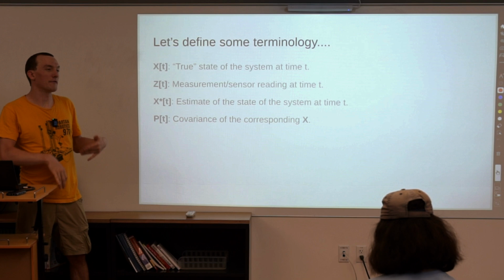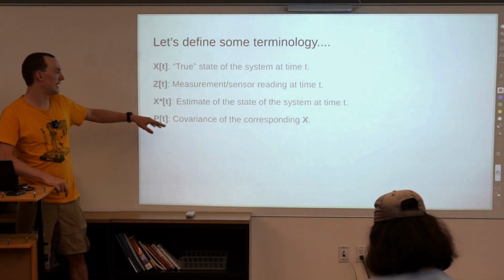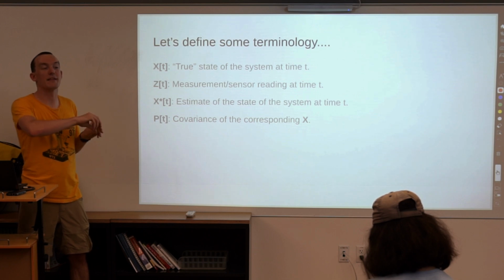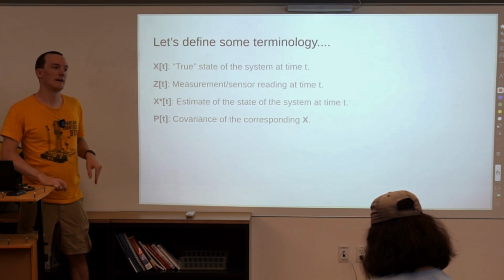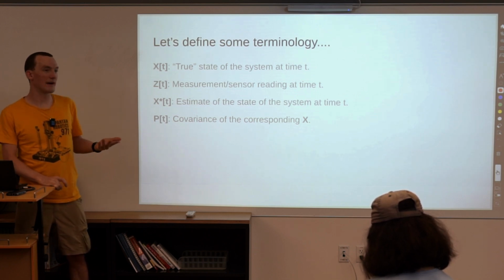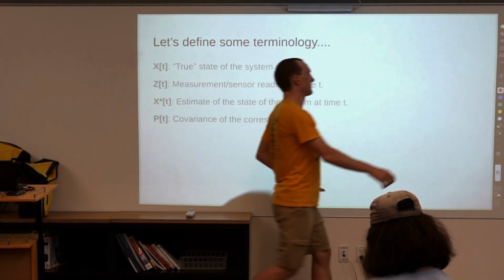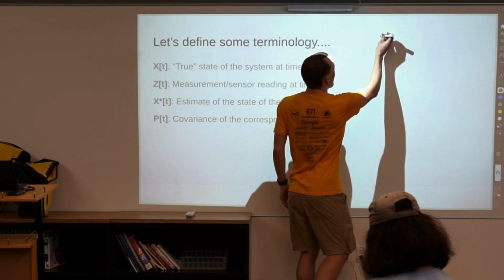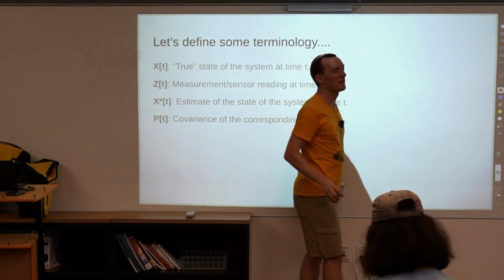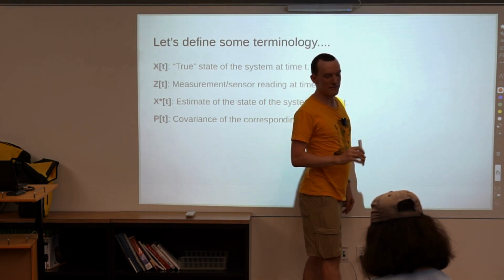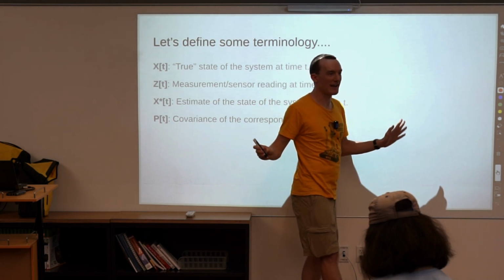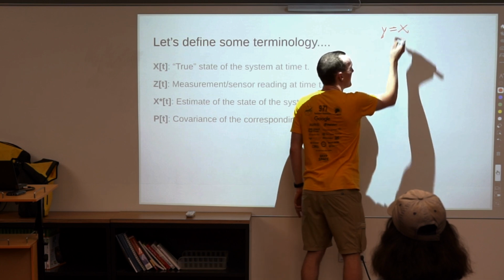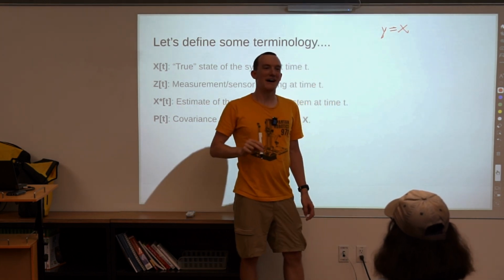The idea is, if you have a very high covariance between two variables, that means that they themselves are very closely related. Let's take an example. Actually, that's not a great example. It's a really boring example: if you have two random variables, x and y, and you say that y equals x, they are very well correlated.